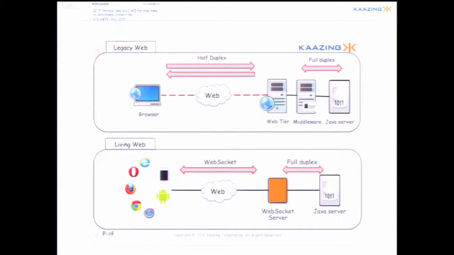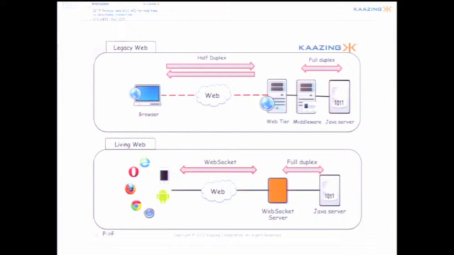So you can see there is a full duplex connectivity between your middleware and your backend server, but you only have a half duplex connectivity between your browser and your application server. So what this means is that you, on the application server node, are generating a dumbed-down view, a dumbed-down UI of your application that you can get across, and you also have this limitation of the half-duplex nature.